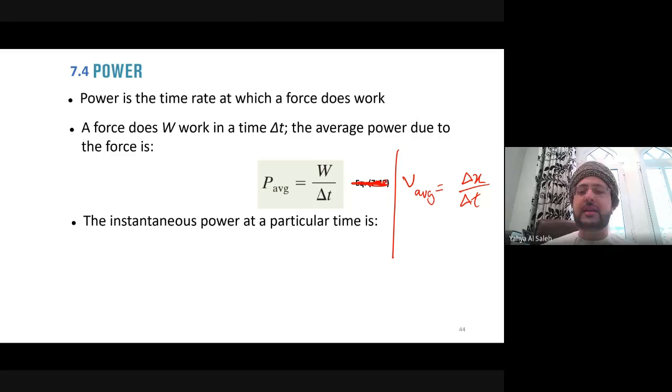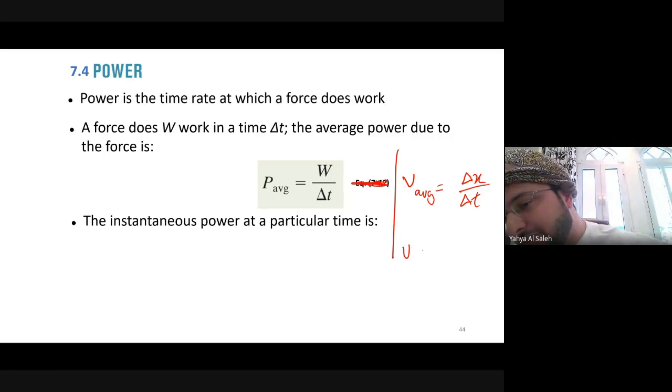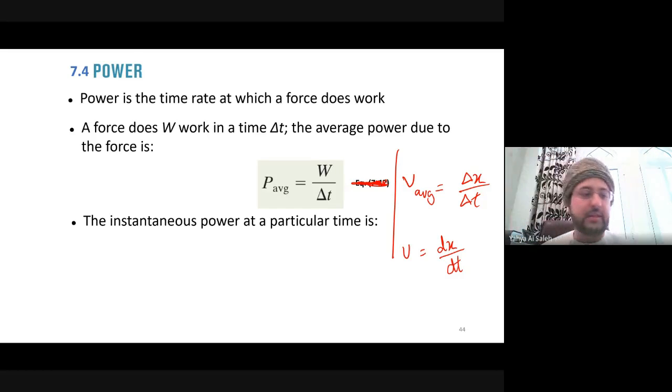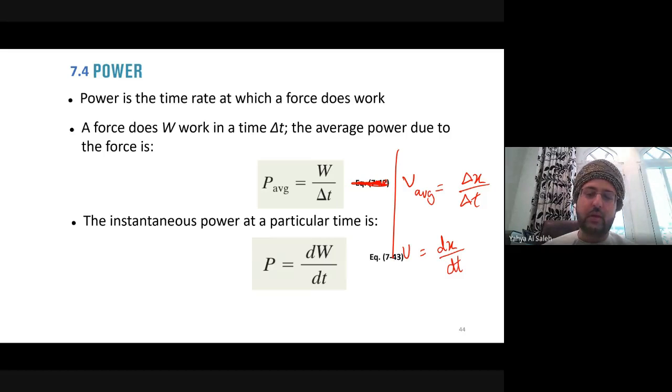What is the instantaneous power then? If this is average power, what is the instantaneous power? We said V instantaneous is dx over dt. So P instantaneous is going to be the limit, which is dW by dt. Ta-da!